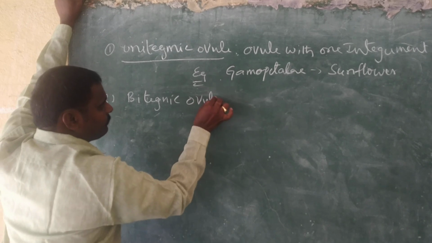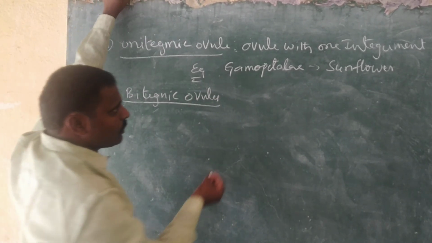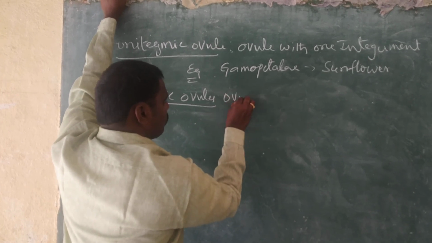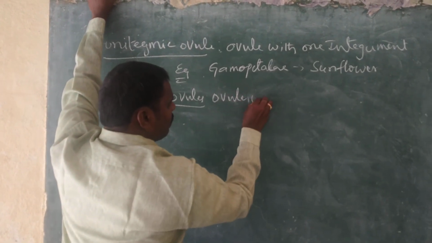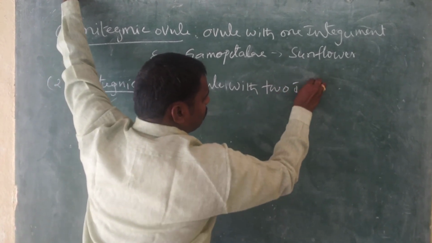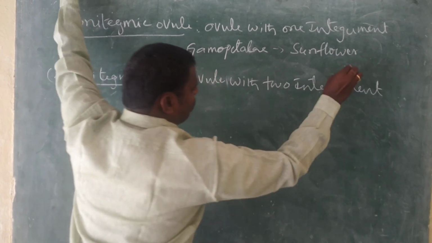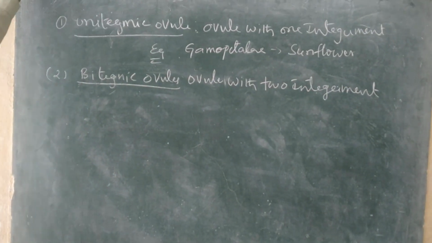Now the second one is a bitegmic ovule. What are bitegmic ovules? Ovules with two integuments are called bitegmic ovules.